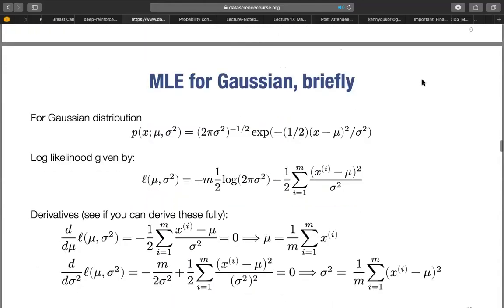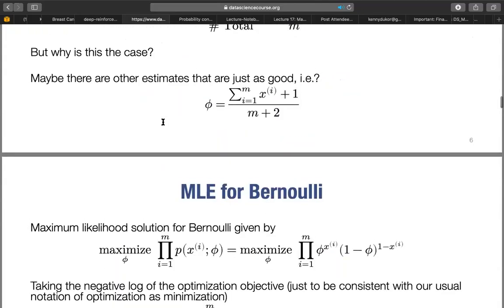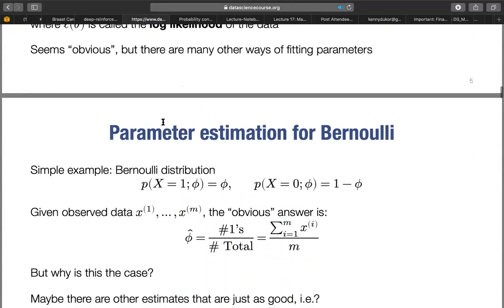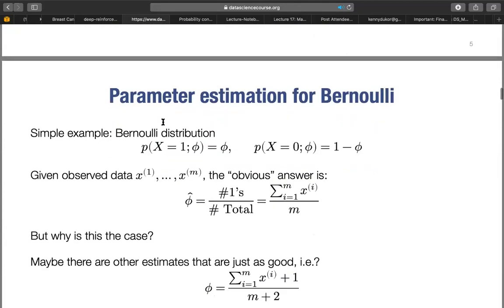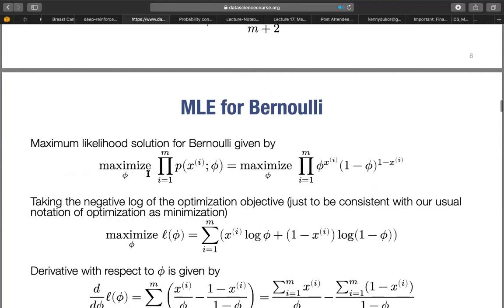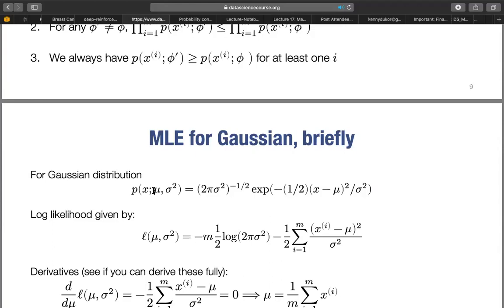Okay, so now here, this was actually brief, but it's also trying to show you how what we did for this Bernoulli distribution is applied to a Gaussian distribution. So for everyone who has some math background, you know a standard deviation, right?